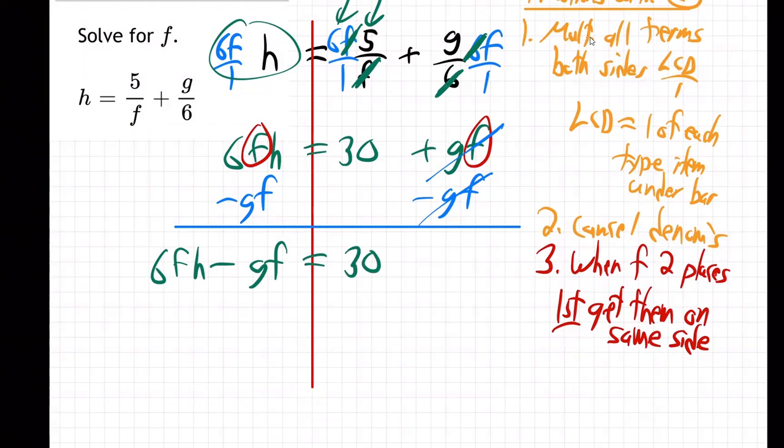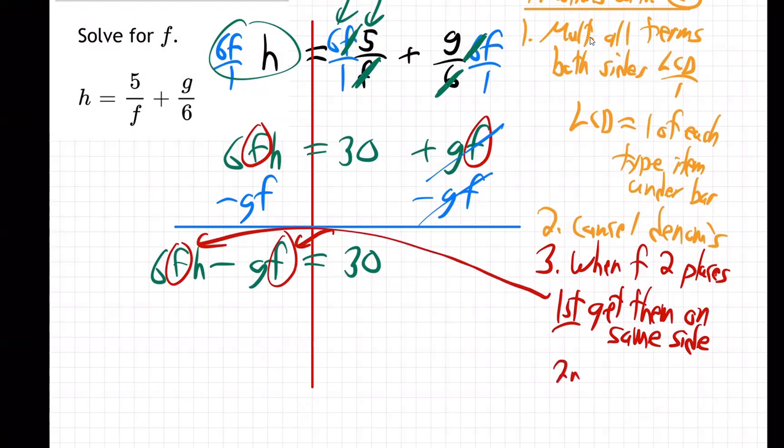See what we've done? I want to help you just keep focusing on those F's. There they are. See how I just got the 2 F's? First, get them on the same side. Got them on the same side, right? Now what?